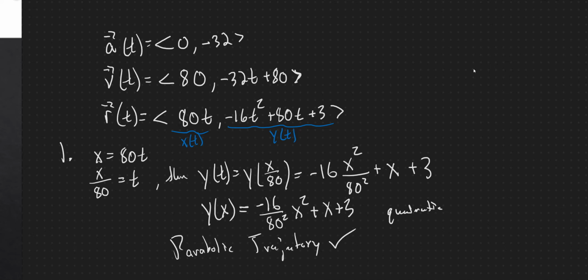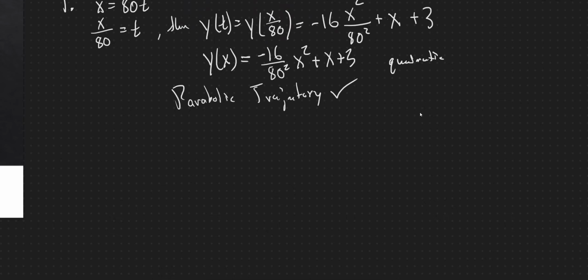Cool. Next thing I want to get a hold of are these things: range, max height, and time in flight. So, right, maybe I'll draw on my axes just to kind of describe this again. So here is my y component. Here's my x component. My trajectory looks parabolic like this.